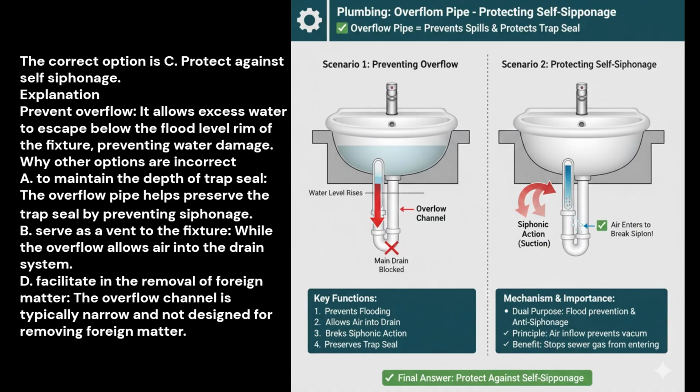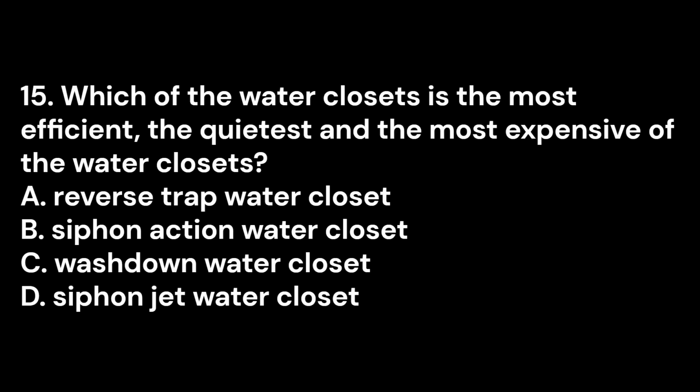Its venting function is localized to prevent siphonage in the fixture drain itself. D. Facilitate in the removal of foreign matter. The overflow channel is typically narrow and not designed for removing foreign matter, which is the function of the main, larger drain opening.